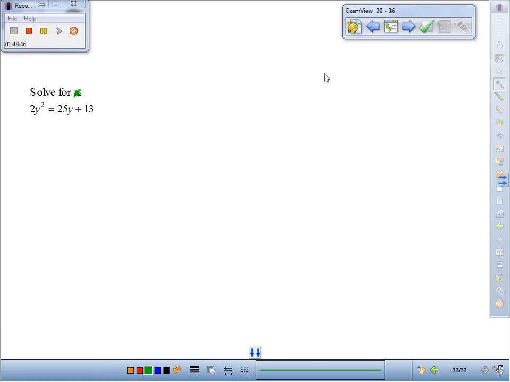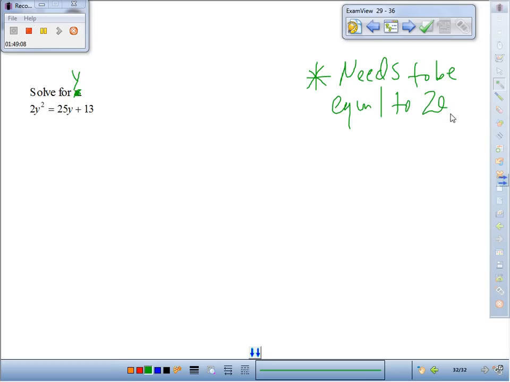For this one, I want you to write 2 notes. Number 1, it needs to be equal to 0. That's the first thing. And number 2, it needs to be in what? Standard form.